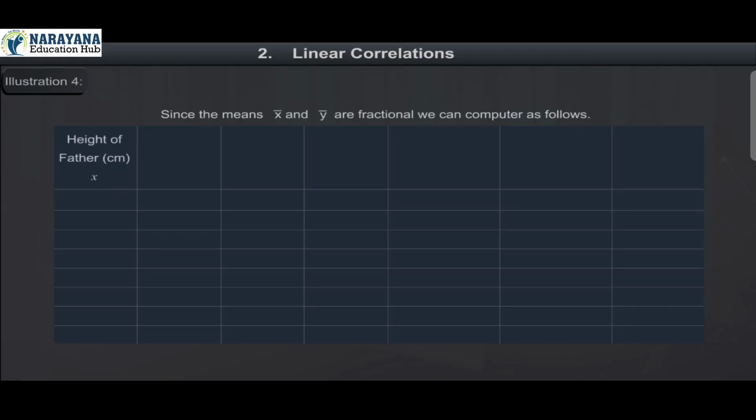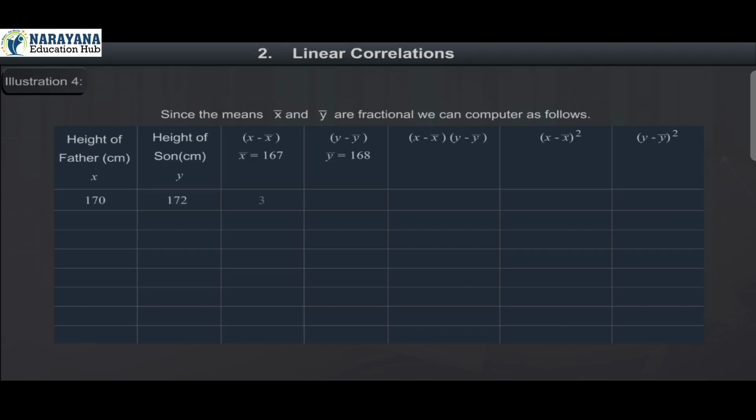Height of father in centimeter x, height of son in centimeter y, x minus x bar, y minus y bar, x minus x bar into y minus y bar, x minus x bar whole square, y minus y bar whole square.